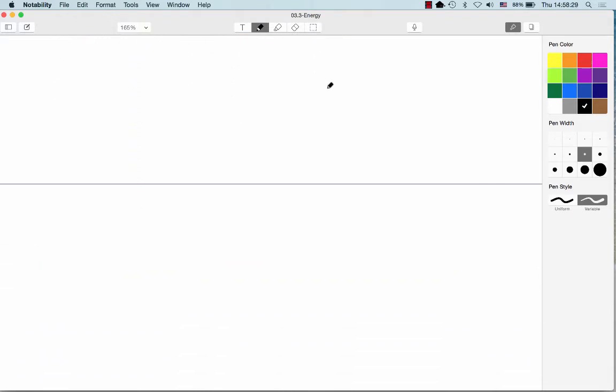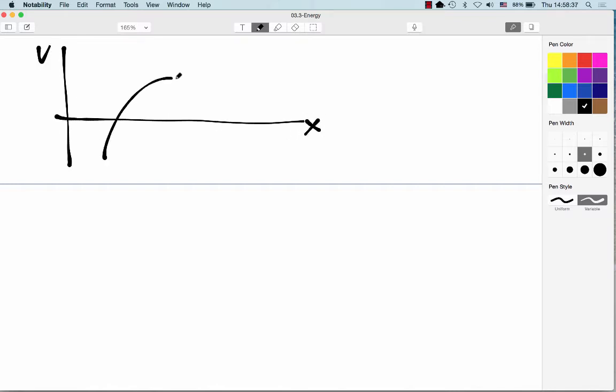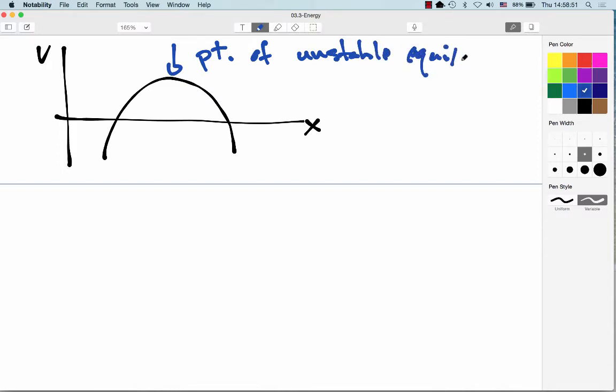Another case is, say, V, X, looking something like that. And look at this. This point right here is what we call a point of unstable equilibrium. The reason it gets that name is, let's think what happens if I place it right here with absolute perfection and I don't breathe, it will stay there.